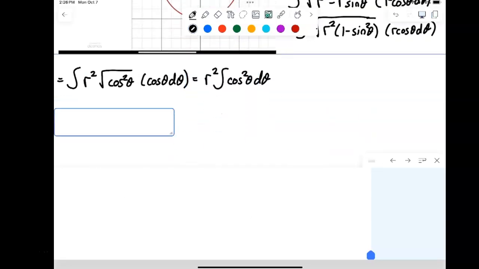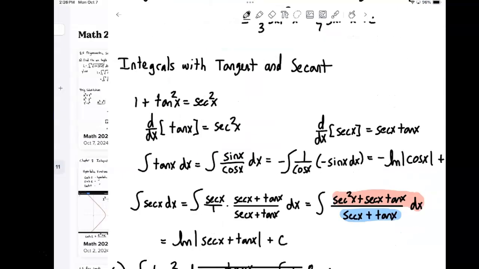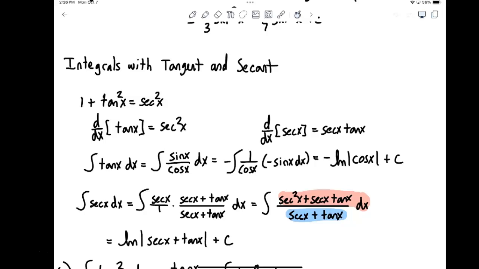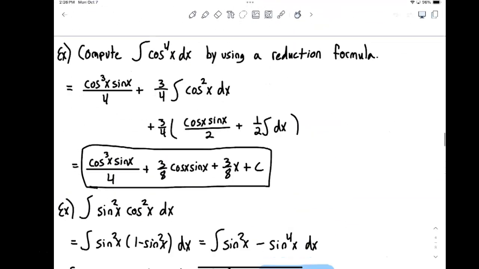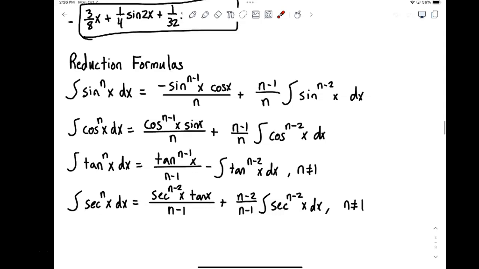And at this point, we could use the identity, or we can just use our reduction formula. We have an integral of cosine squared. So remember our reduction formula. It says that the integral of cosine to the n is cosine to one power lower, along with the sine, divided by that original power, plus n minus 1 over n times the integral of cosine two powers lower.